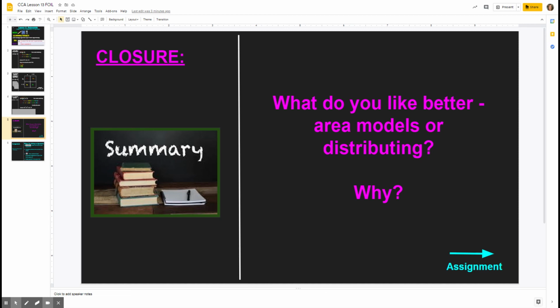Sorry. Go ahead. There it is. Which one do you like better, area model or distributing? Again, area model is what we talked about on Wednesday, drawing those boxes, and distributing is the thing with the arrows.